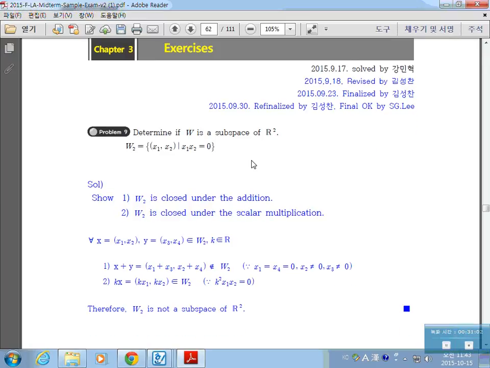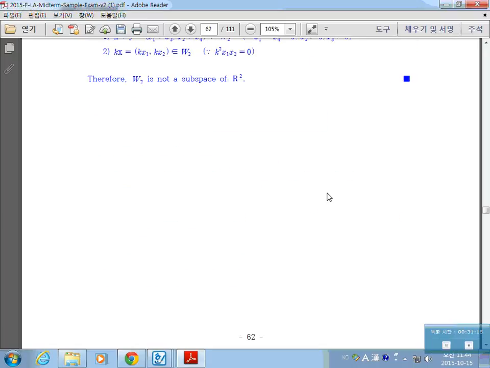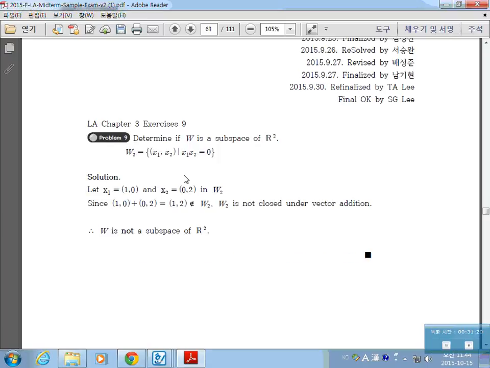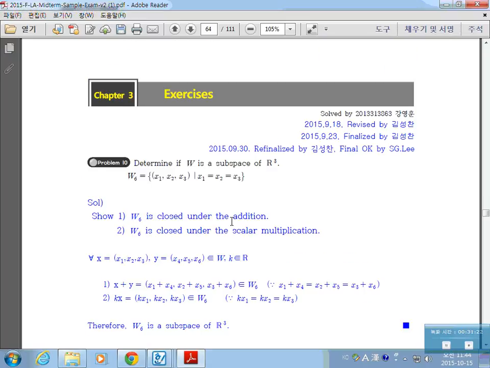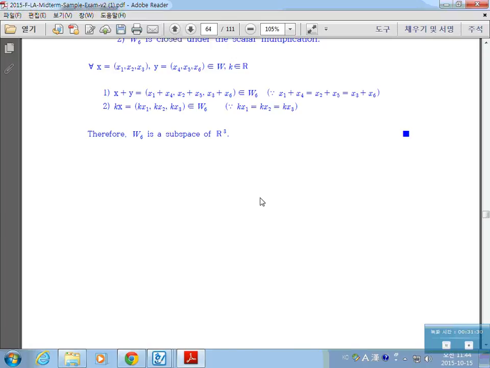And you should be able to show whether a given subset of Rn is a subspace or not by using the two-step subspace test. And same thing for many different subsets of Rn, you have to do it.